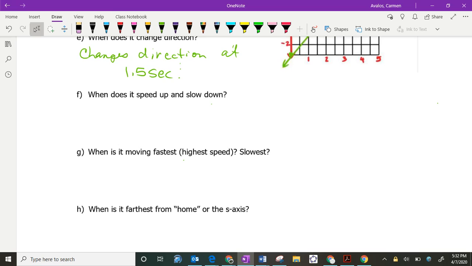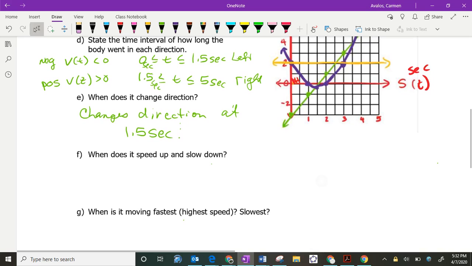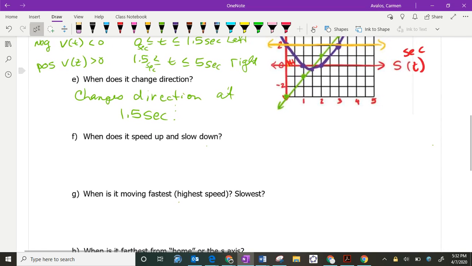When does it speed up and when does it slow down? So again, we could see that it's speeding up and then it's slowing down. We said before that here it's slowing down and then it starts speeding up afterwards. So it slows down, stops, and speeds up. So we're going to be talking about the time on here by using the velocity. The velocity gives us that information again.